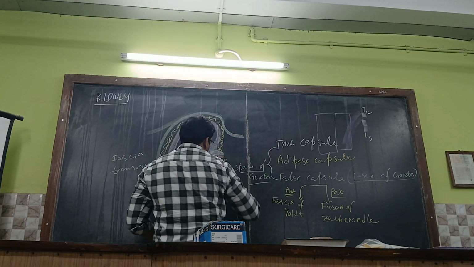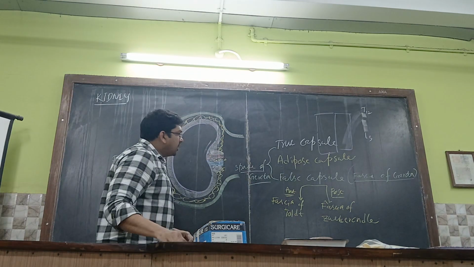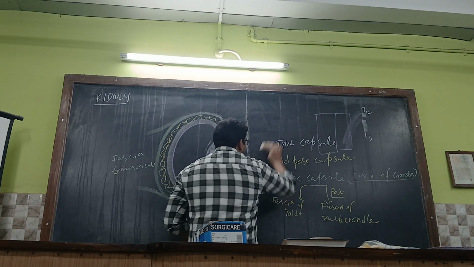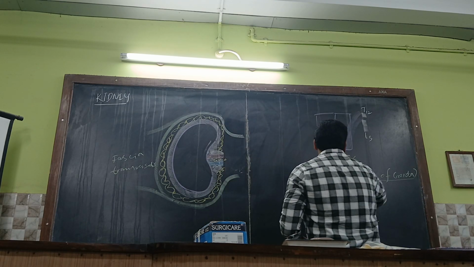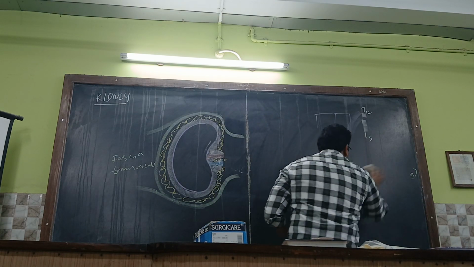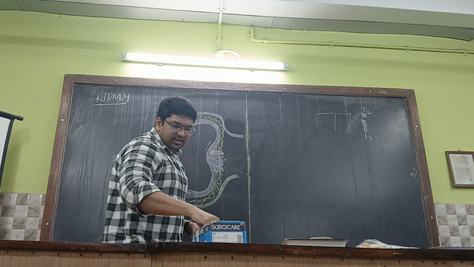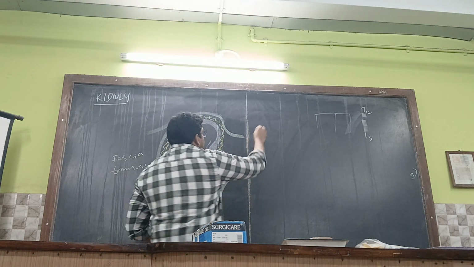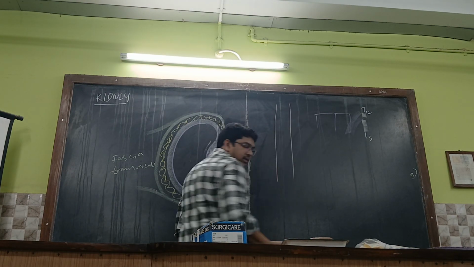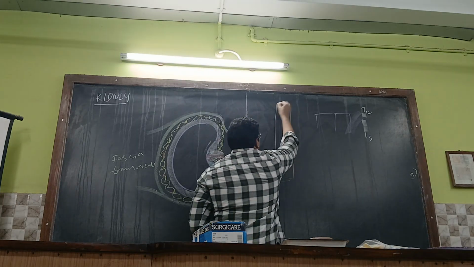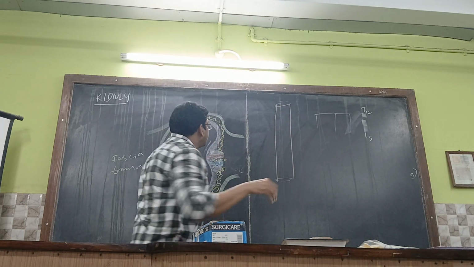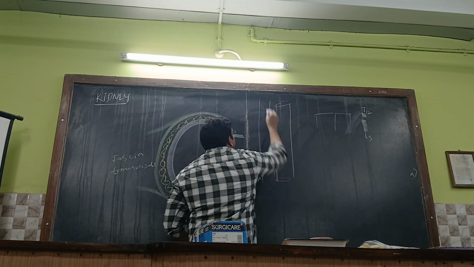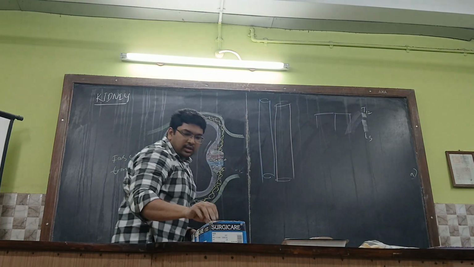What are the vessels present here? Towards the vertebra, in the center, will be the aorta and inferior vena cava. So for example, there is the aorta here and the inferior vena cava here.